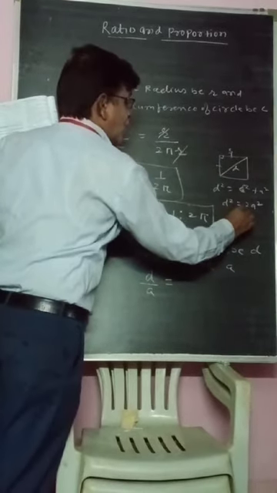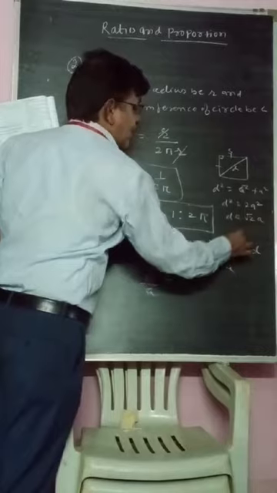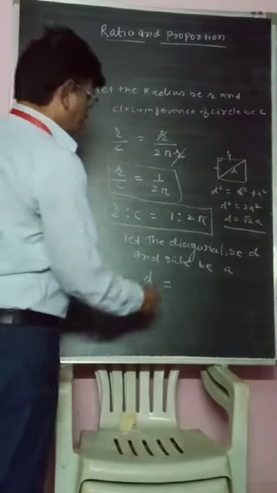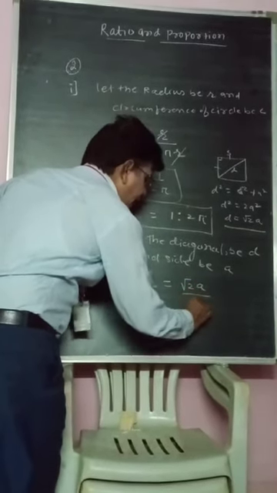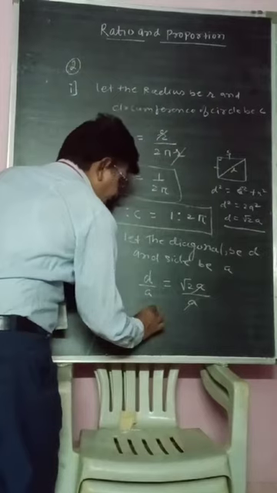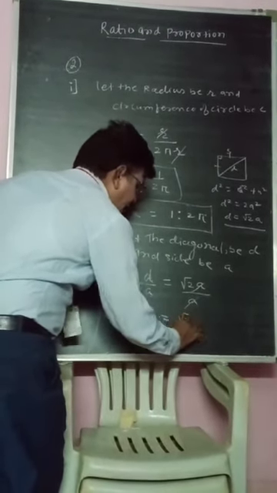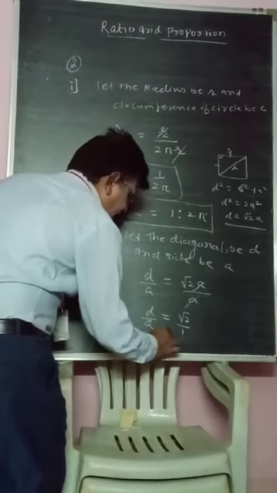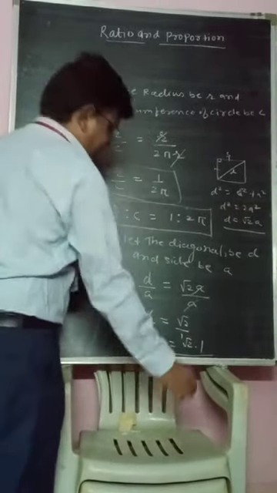Then D is equal to root 2 into A. Diagonal is root 2 into side A upon A. A gets cancelled. Therefore diagonal by side is equal to root 2 by 1. The ratio is D is to A is equal to root 2 is to 1. This is the given ratio.